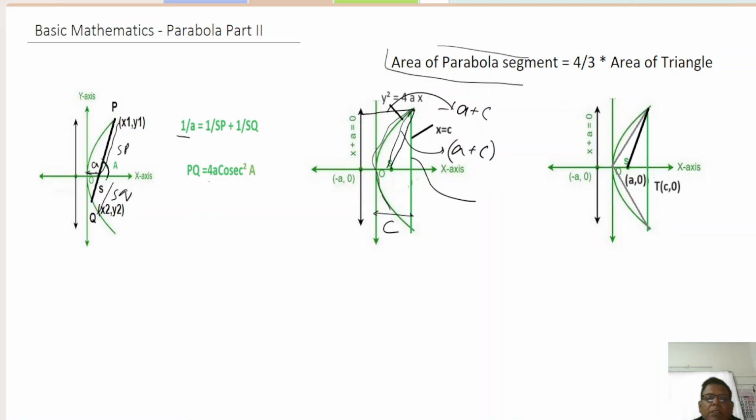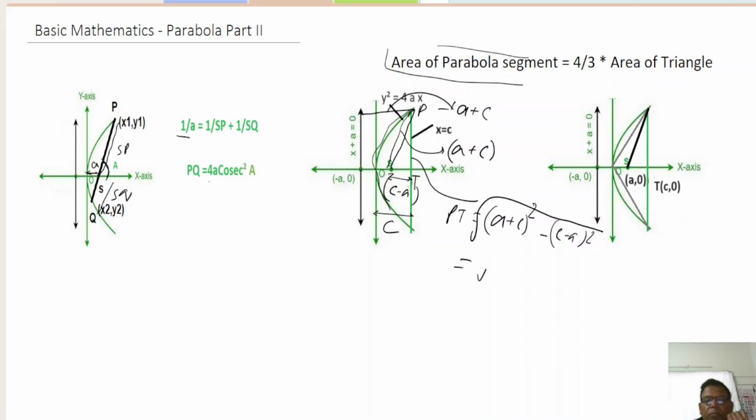Then this distance, suppose this one is P, then PT distance is equal to the square root of (a plus c) the whole square minus (c minus a) the whole square.